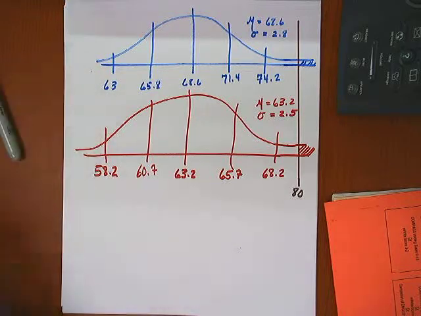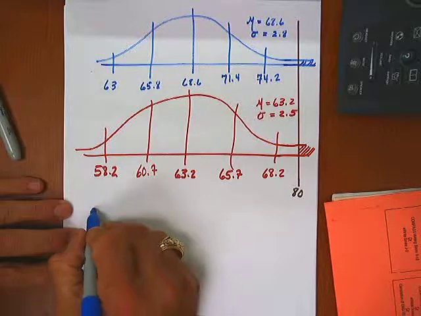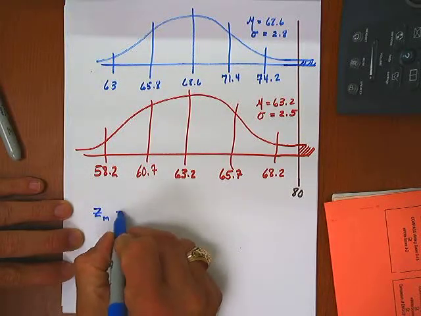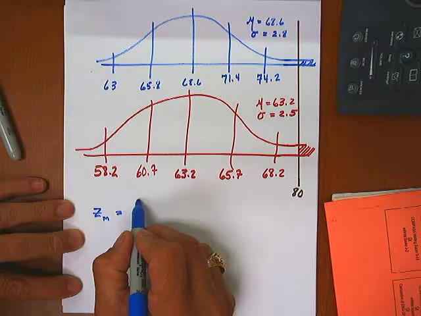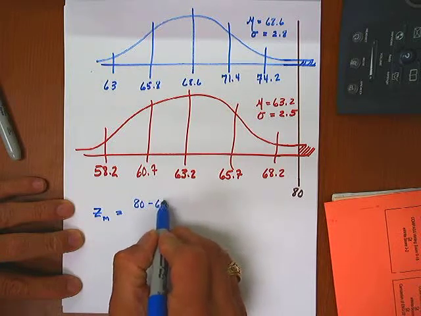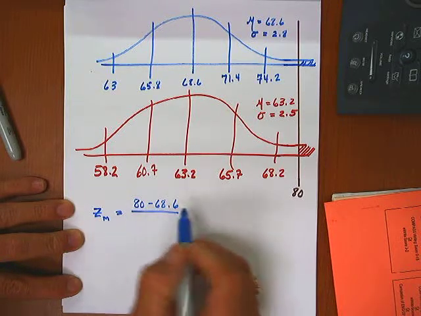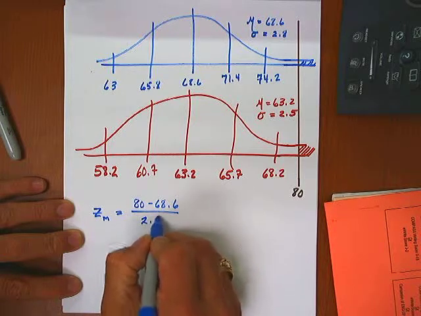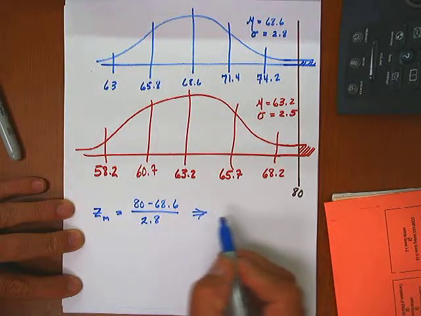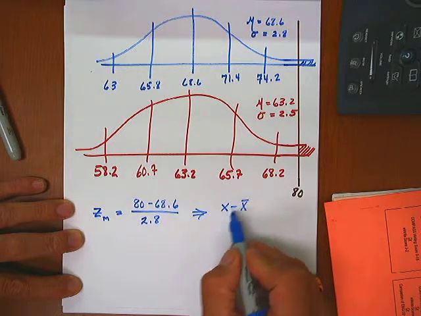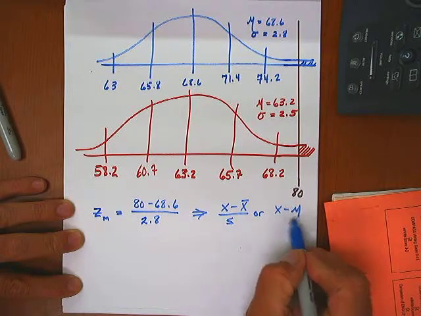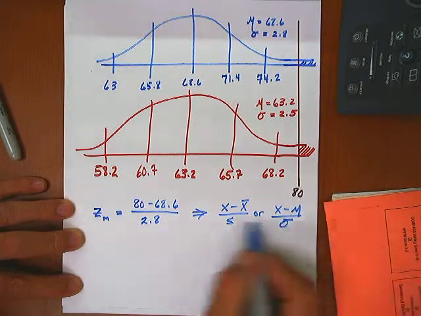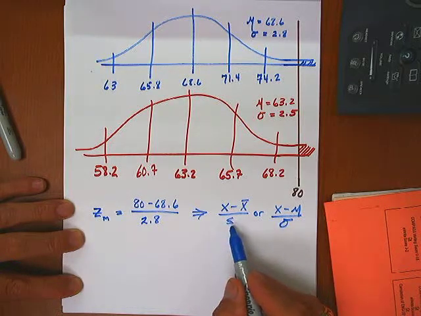So what do we do? Well, the first thing we've got to do is turn 80 into a z-score. So for the men, the z-score is 80 minus 68.6 over 2.8, and that is the z-score formula, x minus x bar over standard deviation, or in this case x minus mu over standard deviation.